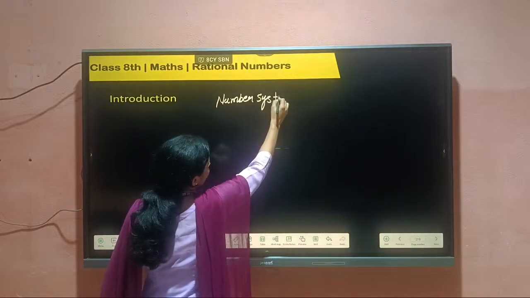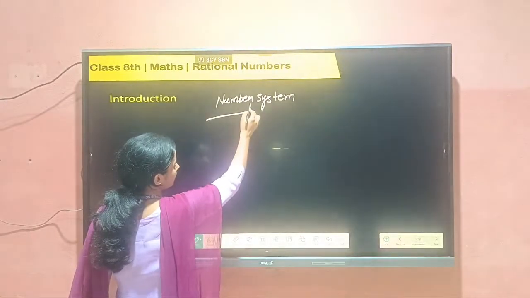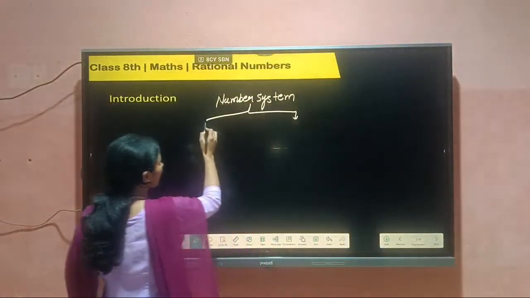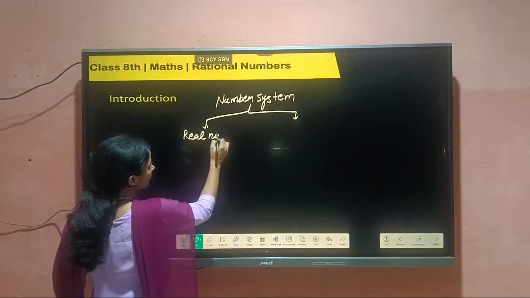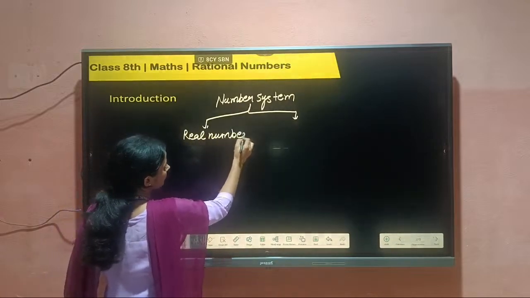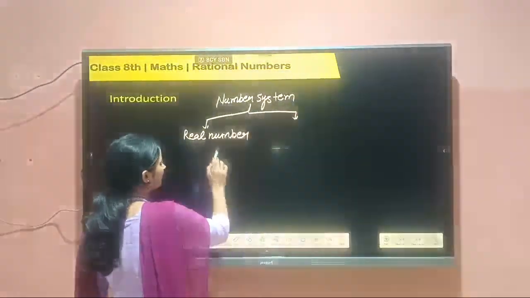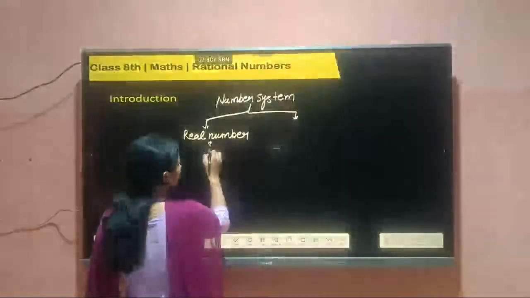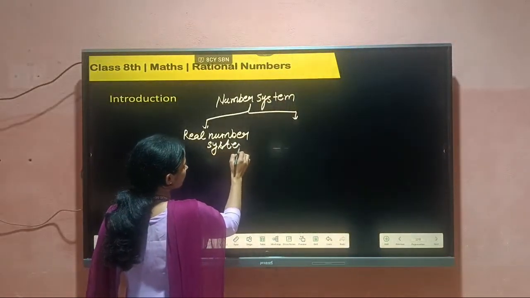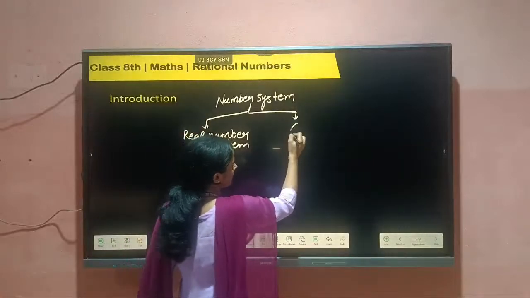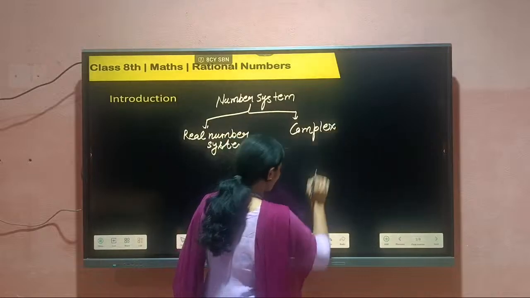Number system. See, number system is of two types: real number system and complex number system.